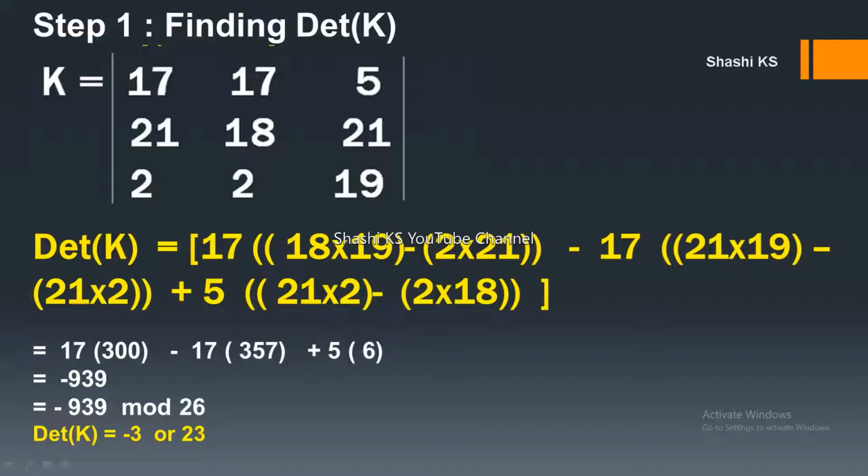That is a shortcut. 26 is your value of n. Whatever value of n you have, add it to that value. Here we are doing mod 26, so we are adding 26. So minus 3 plus 26 would be 23. So the value of determinant of K mod 26 is 23.